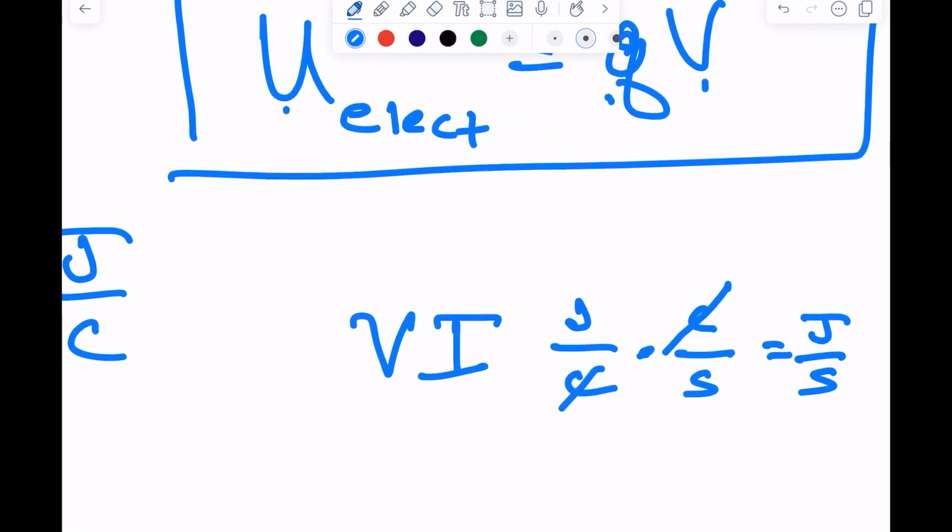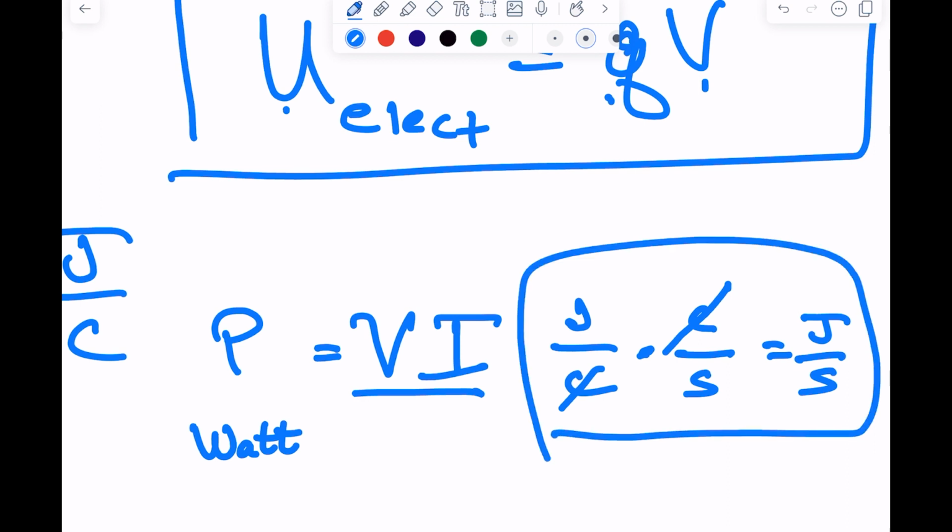And if you remember what that is, a joule per second is power. So P equals V times I. And P, if you recall from previous classes, is measured in a watt. So you can find the power of a system by taking the voltage and multiply it by the amperage, or the I, because that's what they basically cancel out.